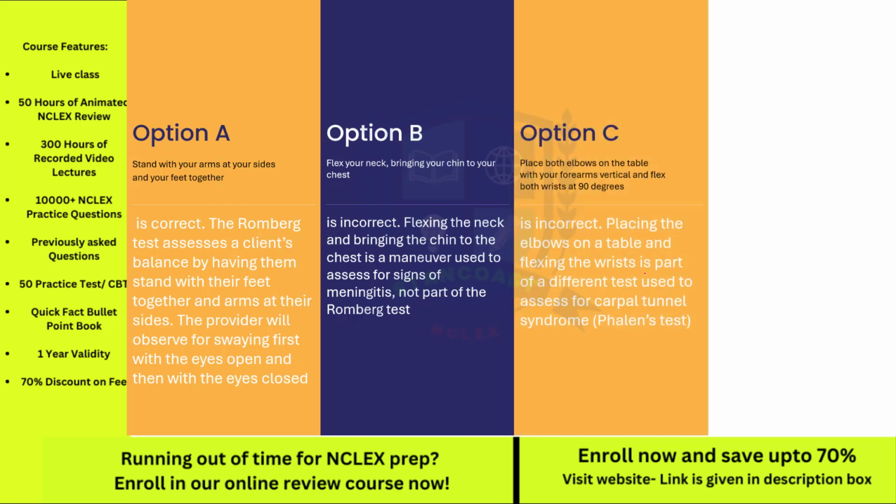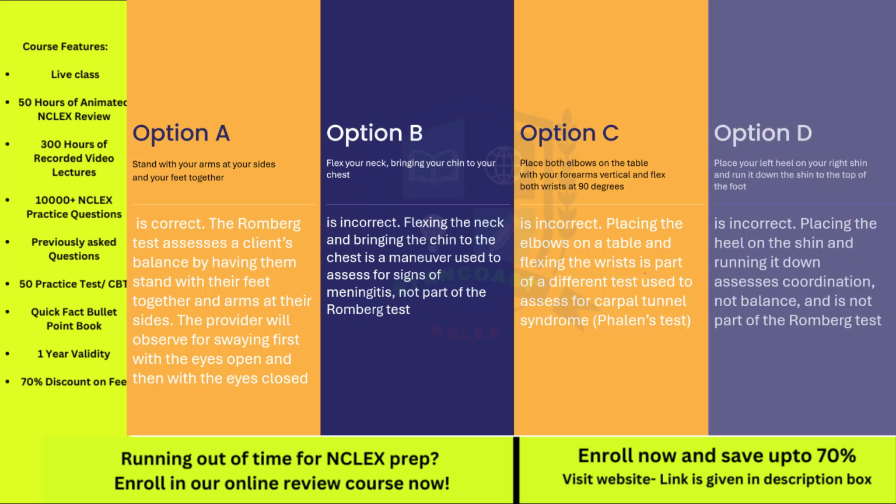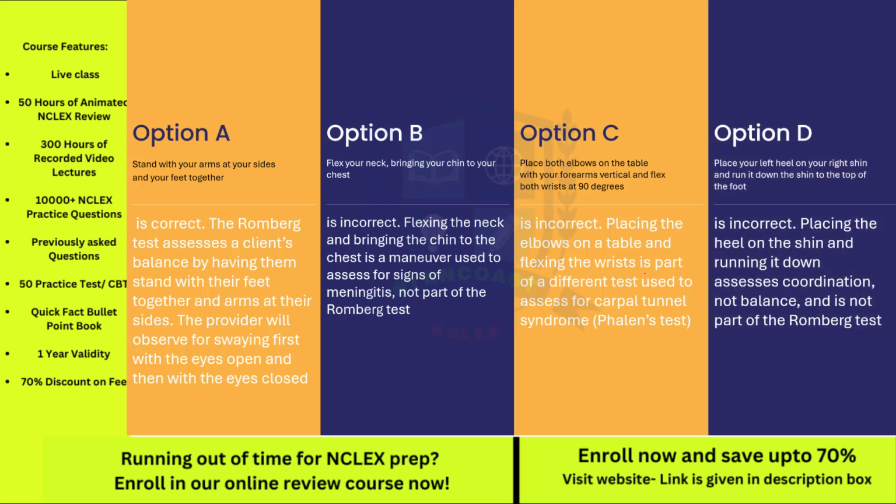C is incorrect. Placing the elbows on a table and flexing the wrists is part of a different test used to assess for carpal tunnel syndrome, Phelan's test. D is incorrect. Placing the heel on the shin and running it down assesses coordination, not balance, and is not part of the Romberg test. Let's proceed to the next question.